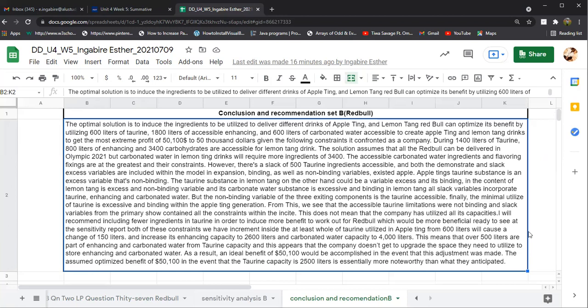The optimal benefit we will still accomplish is 50,100, and then the adjustment was made. So the assumed optimized benefit is 51,100, and the taurine capacity of 2,500 liters is essentially more noteworthy than anticipated.